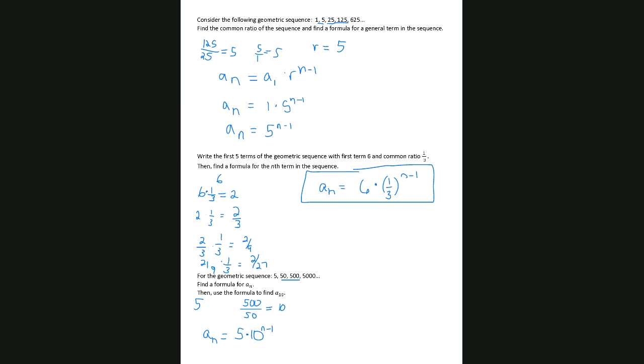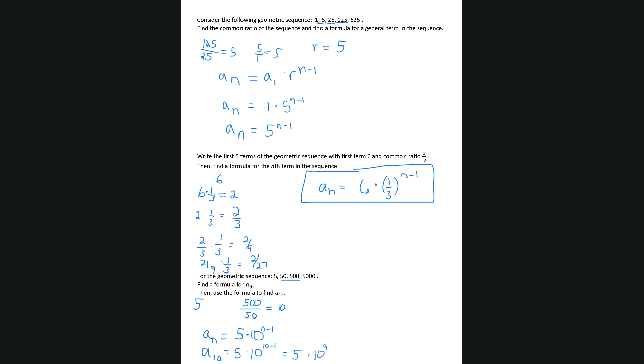And now I can find the 10th term by saying a sub 10 is equal to 5 times 10 to the 10 minus 1 power. So that's really 5 times 10 to the 9th.